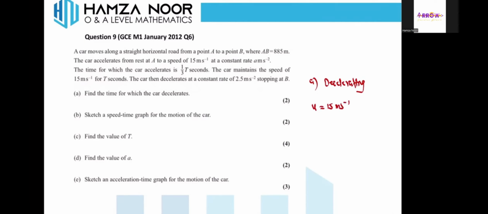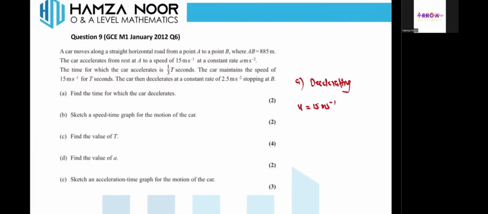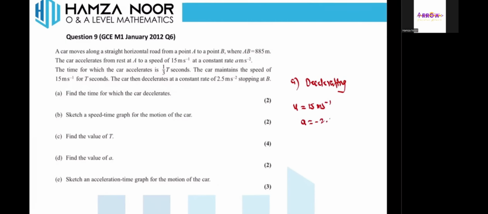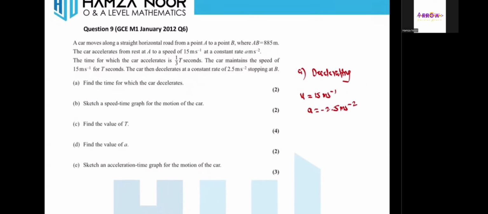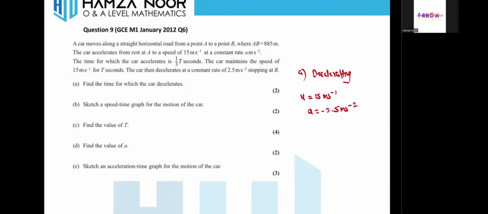Make sense? And when the deceleration rate is 2.5, acceleration is taken as minus 2.5 meters per second squared. Then the car stops at point B, meaning the final velocity v will be taken as zero.